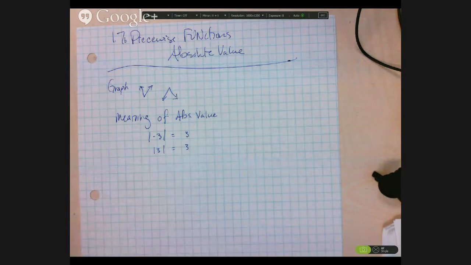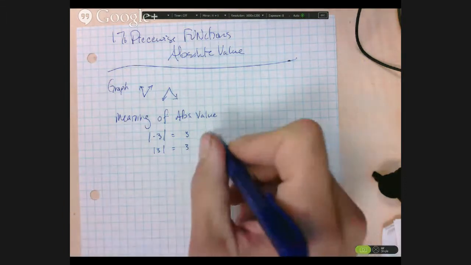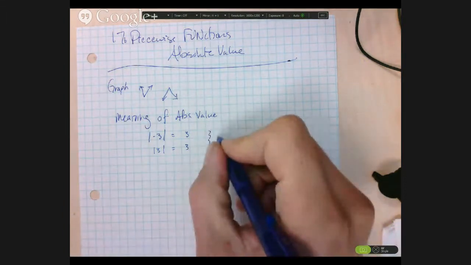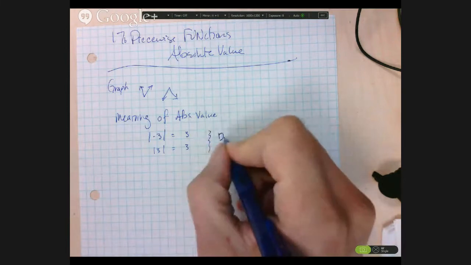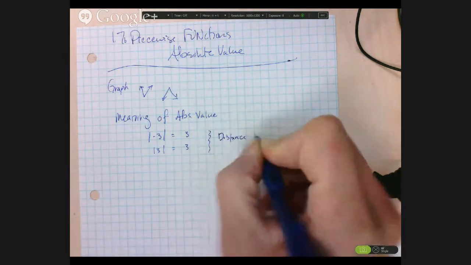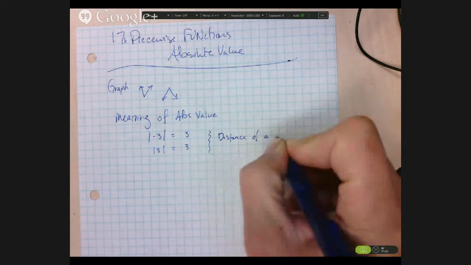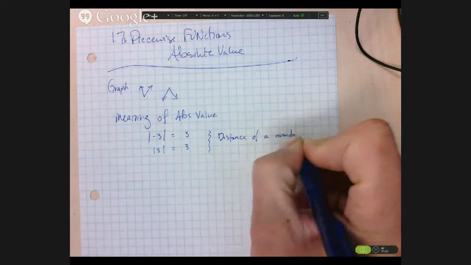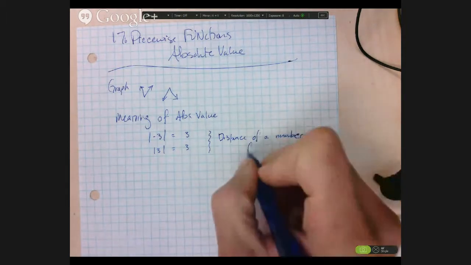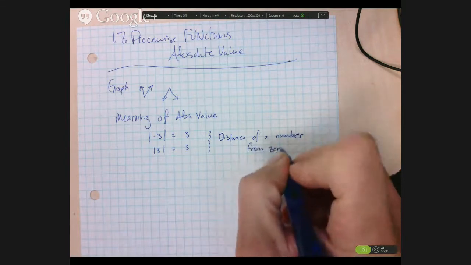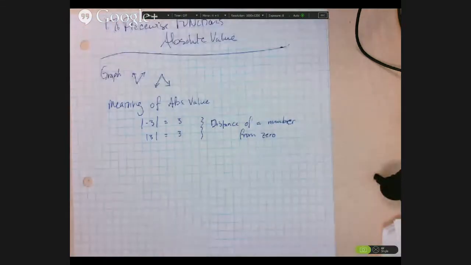What is the definition of absolute value? The distance of a number from 0. Okay. So, a reminder.